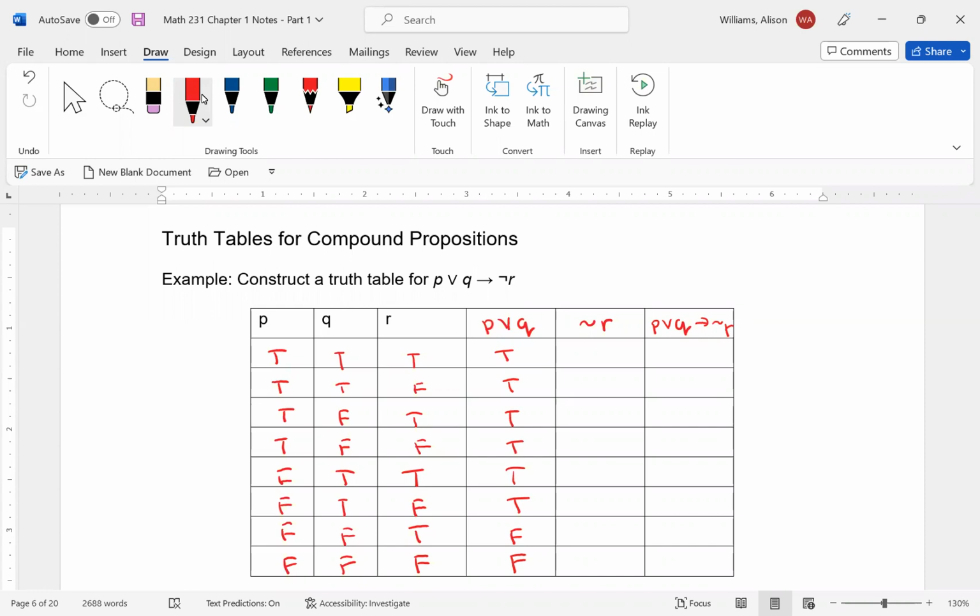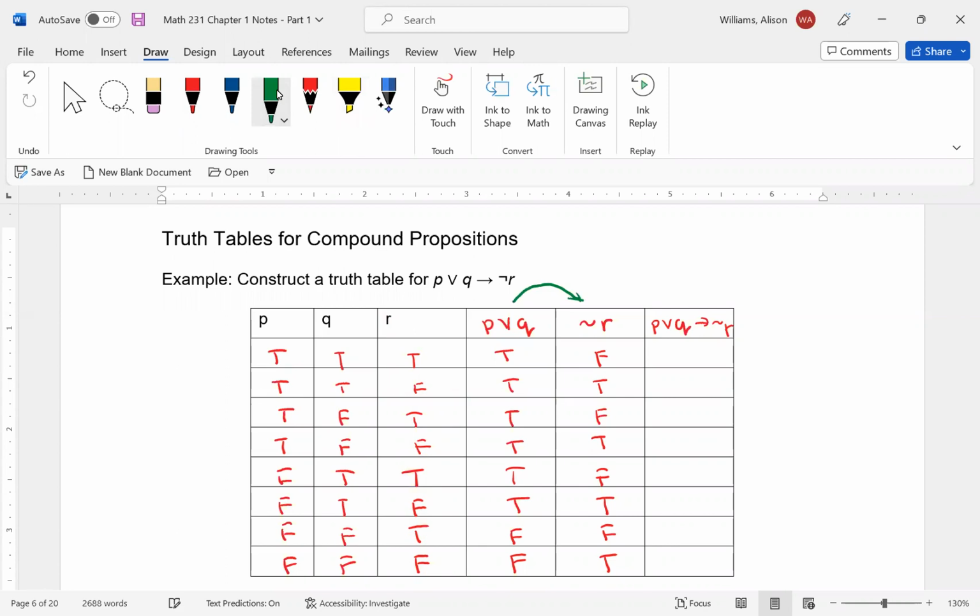All right. Not R, I'm going to swap all of them. So false, true, false, true, false, true, false, true, right? I was looking at, just so we're clear, this column, and I was switching them all. Okay, so now we're going to look at this implying this.